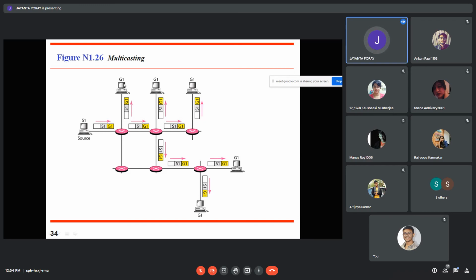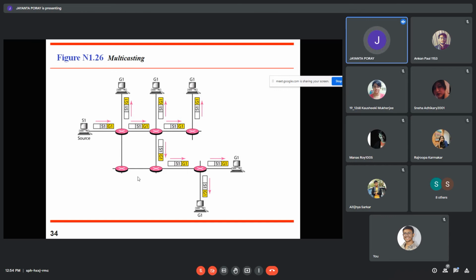Please note that in multicasting, they are not using multiple packets from the source. They are using only a single packet, and when it uses different interfaces, the replica of this packet is made at different points. Here, I have made two different replicas of the same packet. That is a typical example of multicasting, where it is using multiple interfaces.